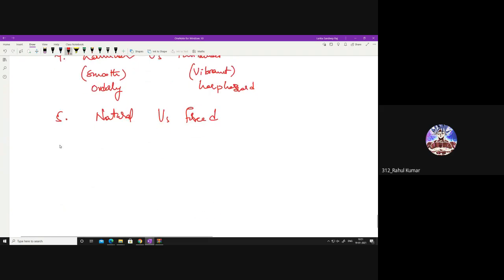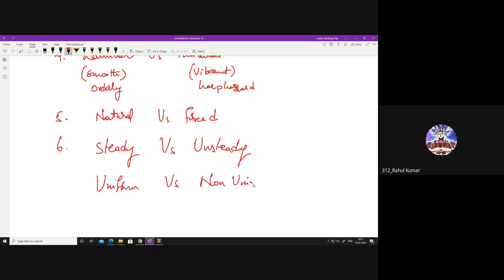You know this already. The next one is steady versus unsteady. A similar kind of thing is uniform versus non-uniform. In steady flow, the property will not vary with time. In unsteady flow, the property will vary with time. In uniform flow, the property will not vary with position.